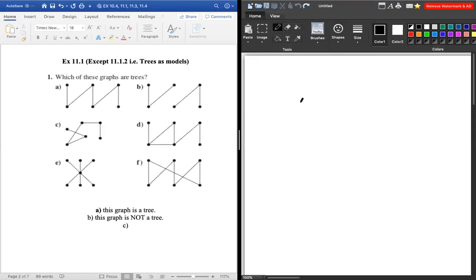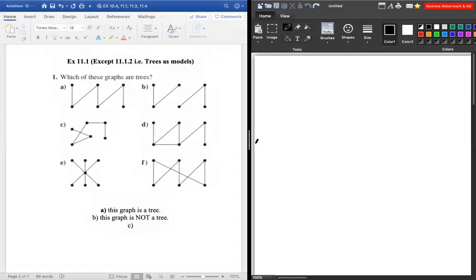Can you guys see both now? Yeah, I can see both. Okay, that's right.